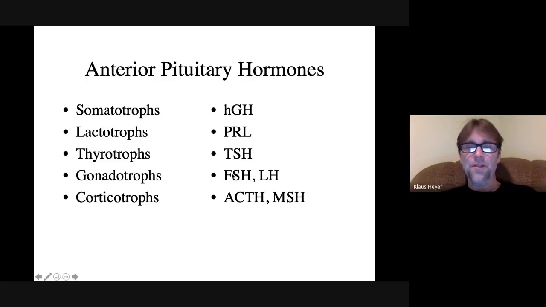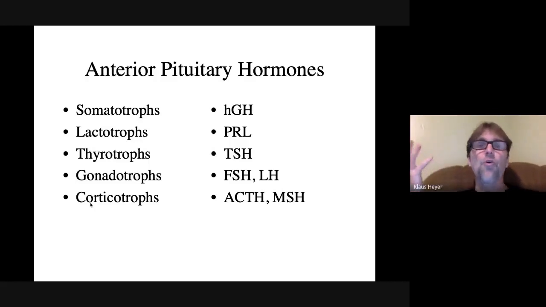So follicle stimulating hormone, luteinizing hormone, and then this last word, cortico. When you see cortico in a word, it has something to do with steroids, like the steroids you think of. When you get a steroid shot, it's cortico something. So corticotrophs are going to go down to your adrenal glands.